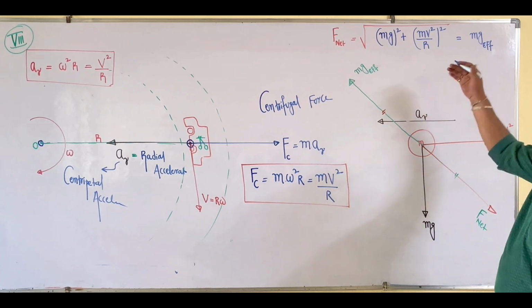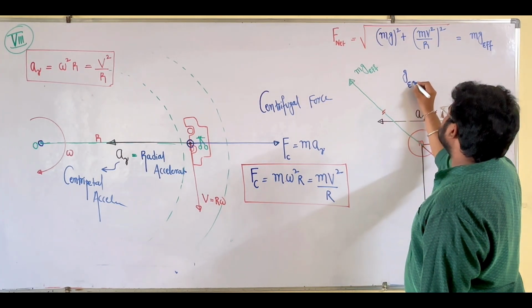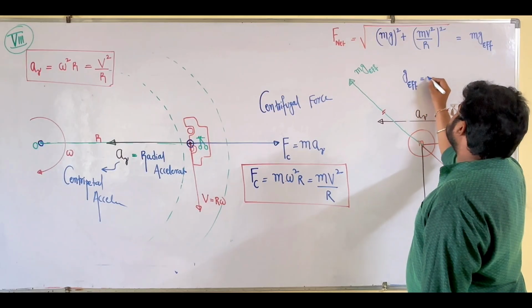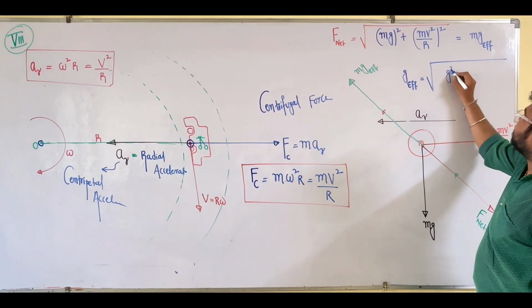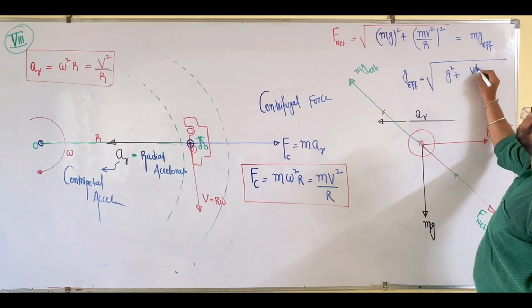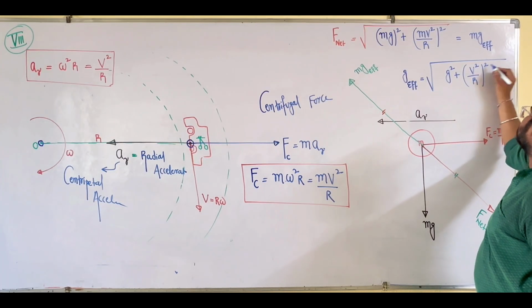Okay? So m gets cancelled out. Finally g effective can be written as, tell me, g square plus v square by r whole square.